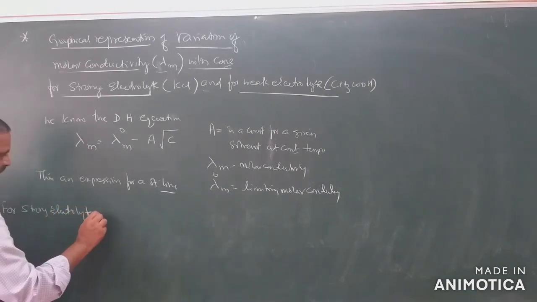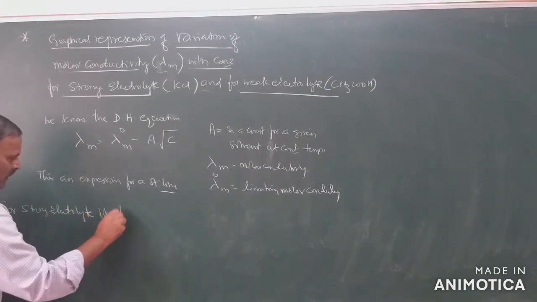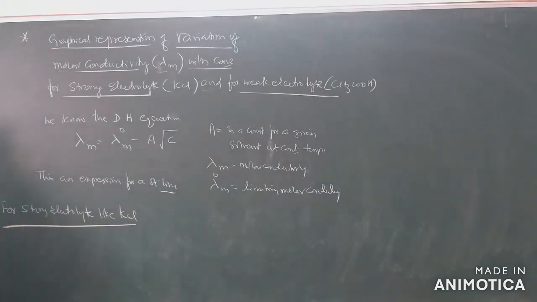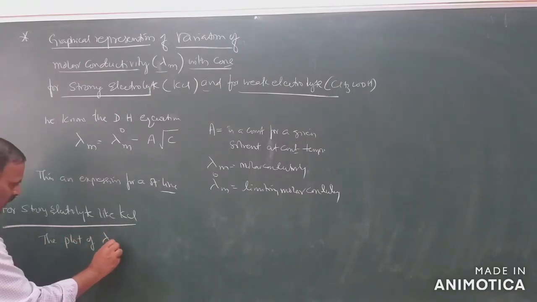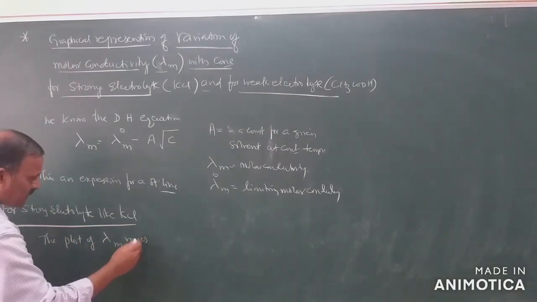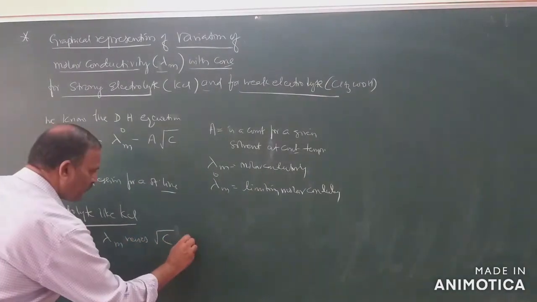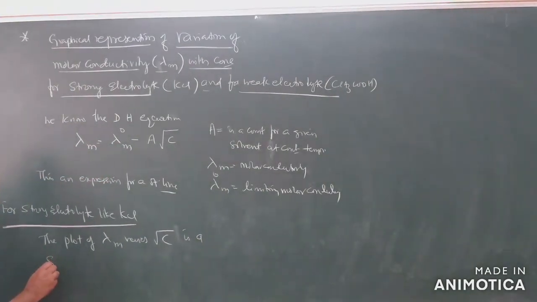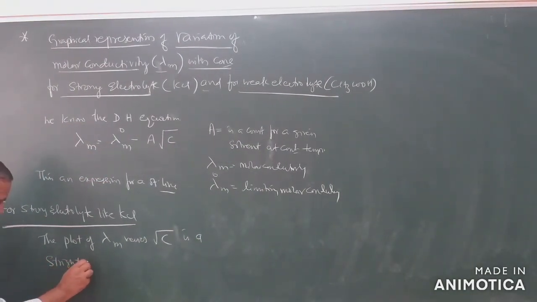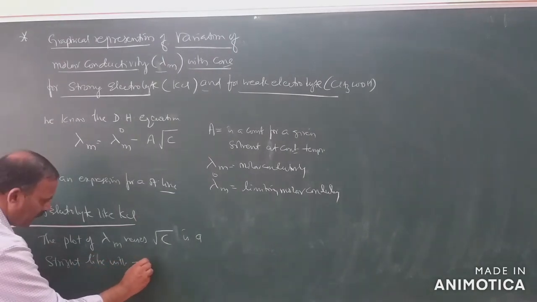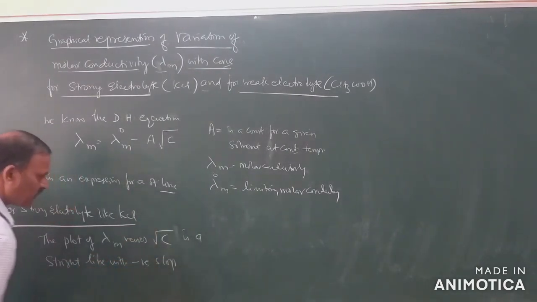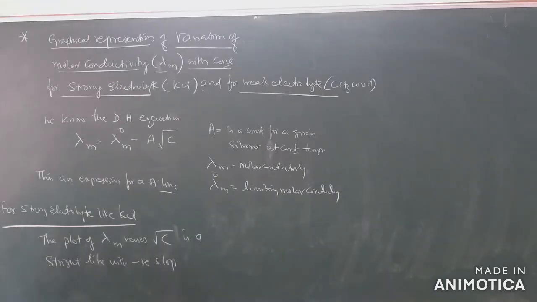For strong electrolytes like KCl, the plot of lambda m versus root C is a straight line with negative slope.